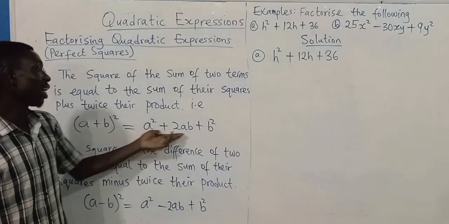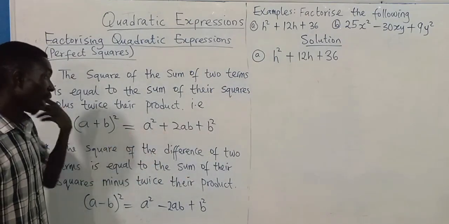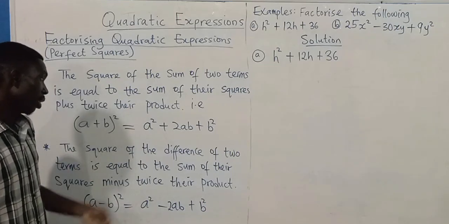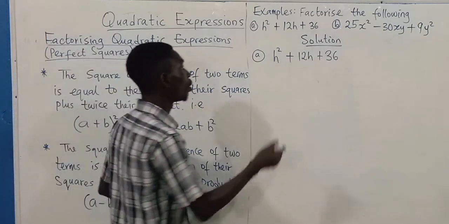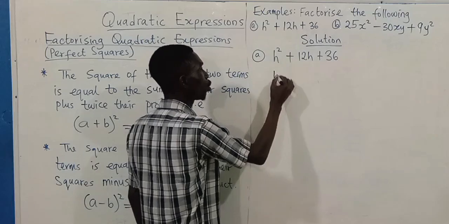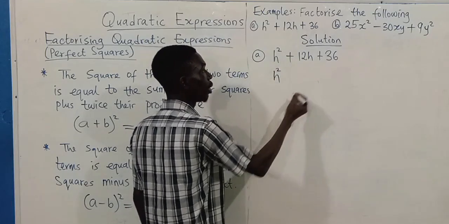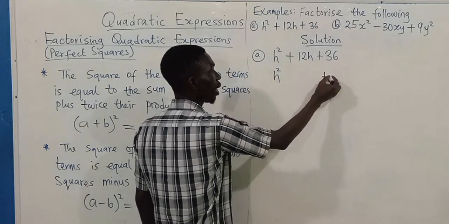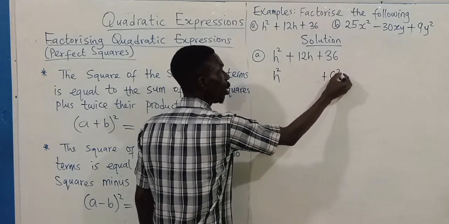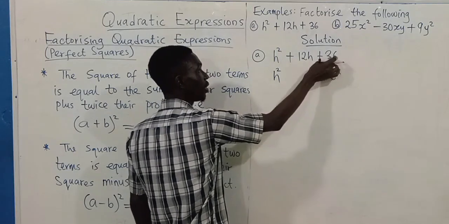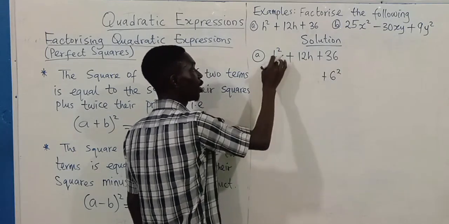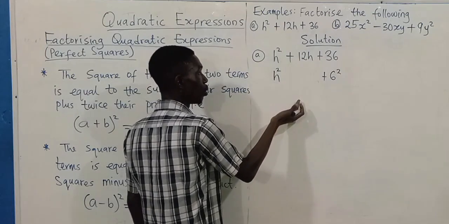If I can, then my factor will become this. So this is the h squared, already squared, and this 36 I can write as 6 squared. Good. 6 squared is 36. That's already h squared. Good.